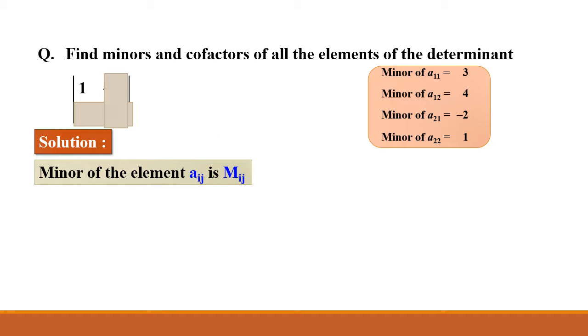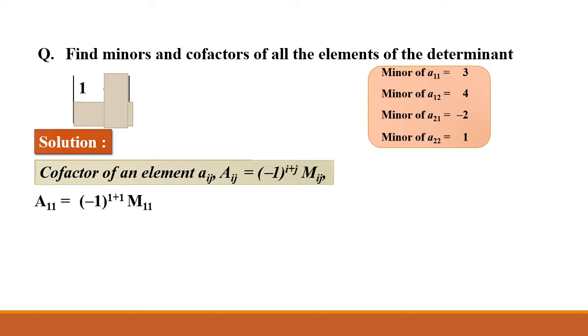Now, by making use of the minors, we will calculate the cofactors. The cofactor of an element Aij is Aij equal to minus 1 raised to i plus j into Mij. So A11 will be minus 1 raised to 1 plus 1 M11. The M11 value we have already obtained, it is 3.